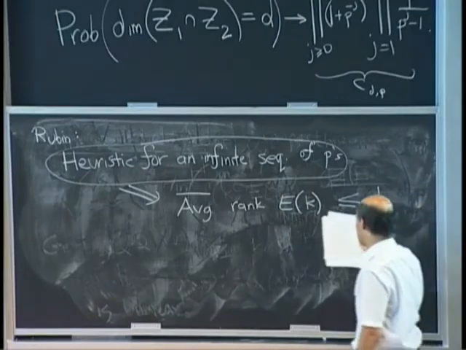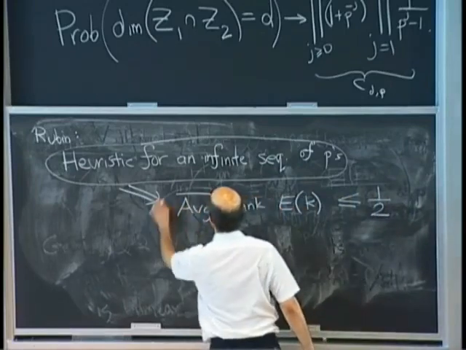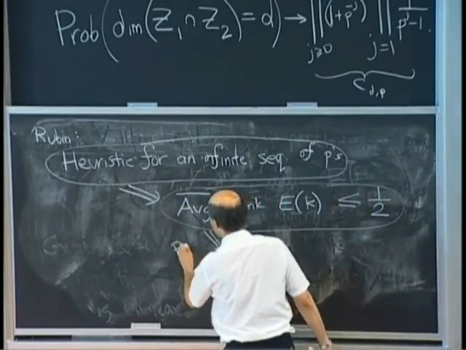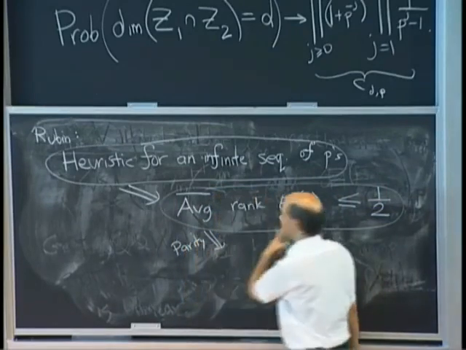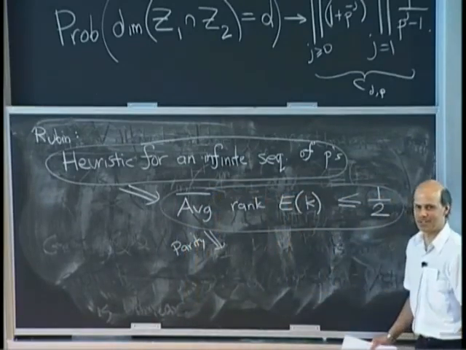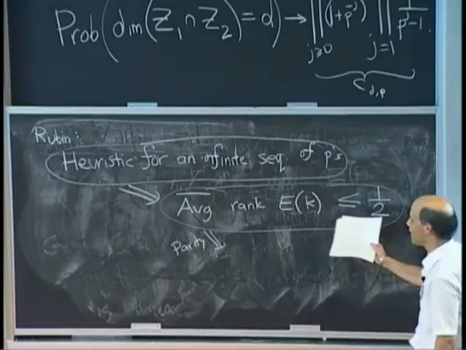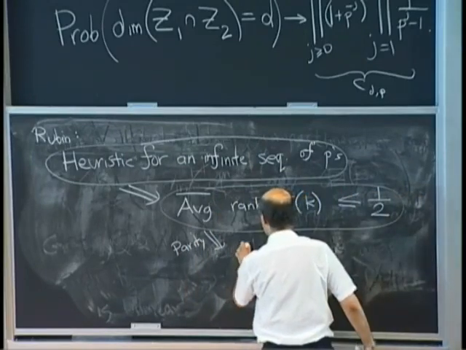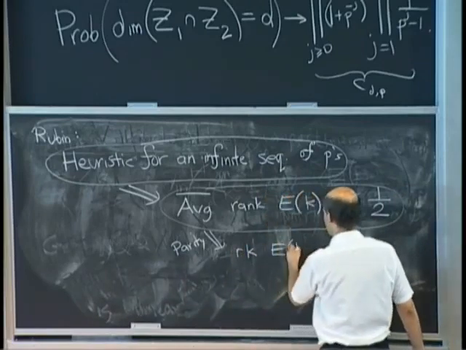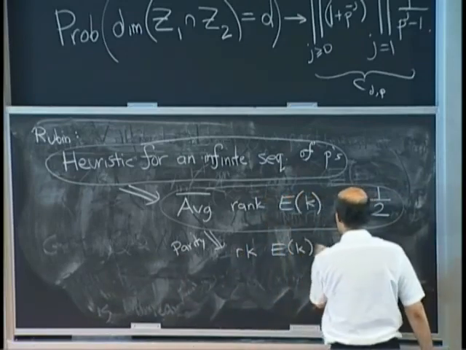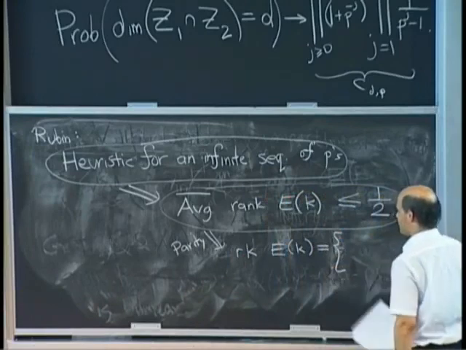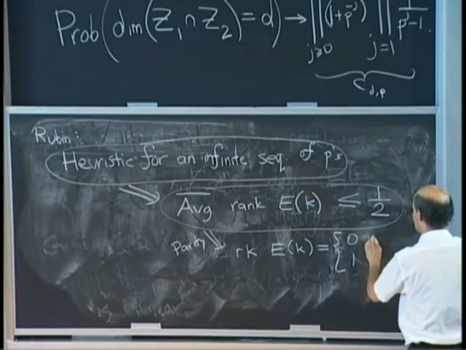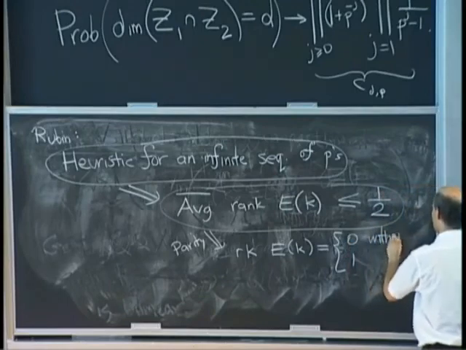And if you also believe the parity conjecture, it shouldn't be less than that. It's supposed to be even and odd with equal probability, so it can't be any less than that. So this would then predict what it seems that everyone believes these days, that the rank should be 0 or 1 with probability 1/2 each, asymptotically.